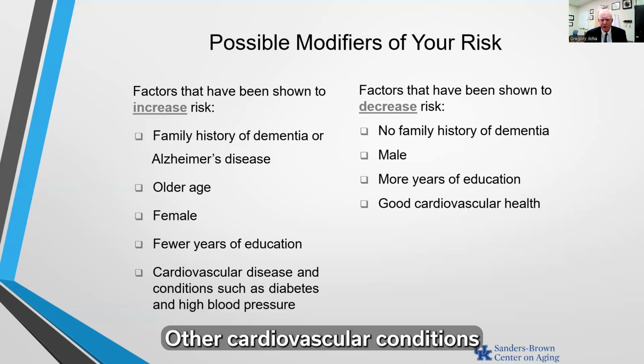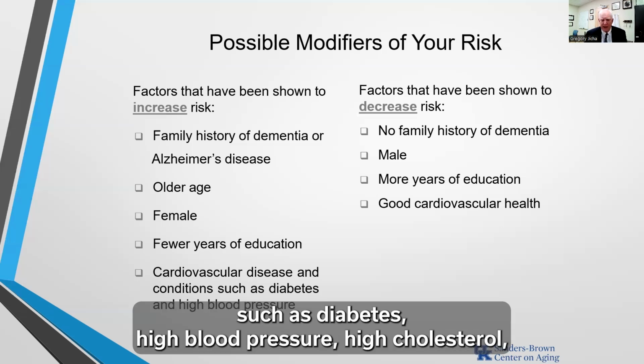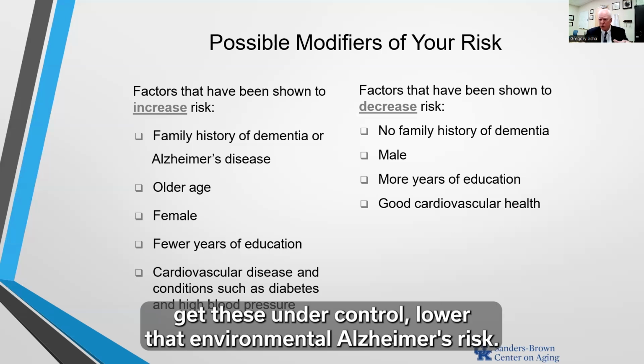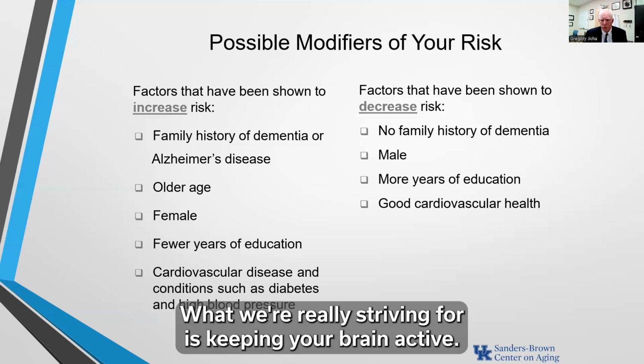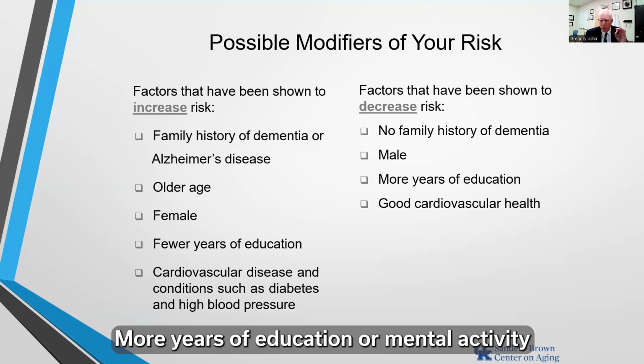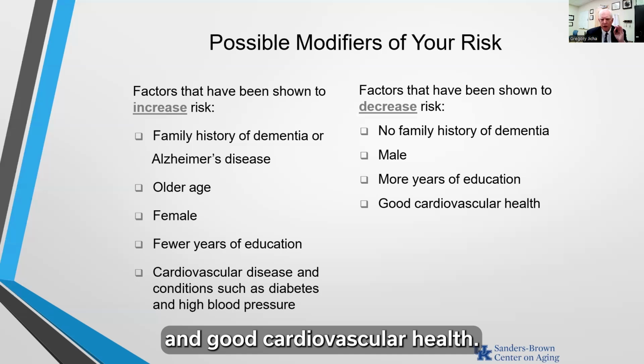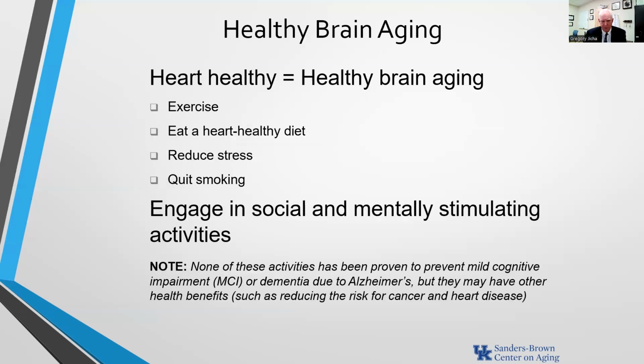Other cardiovascular conditions such as diabetes, high blood pressure, high cholesterol, get these under control, lower that environmental Alzheimer's risk. Really important. What we're really striving for is keeping your brain active, more years of education or mental activity, and good cardiovascular health.